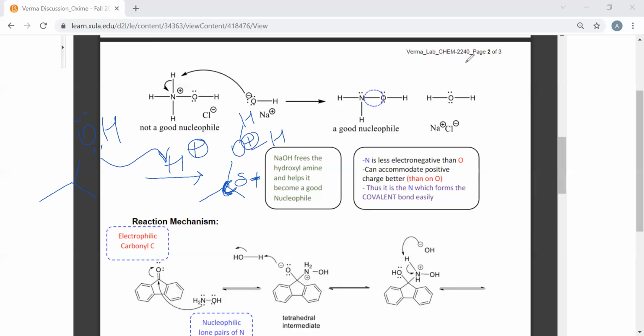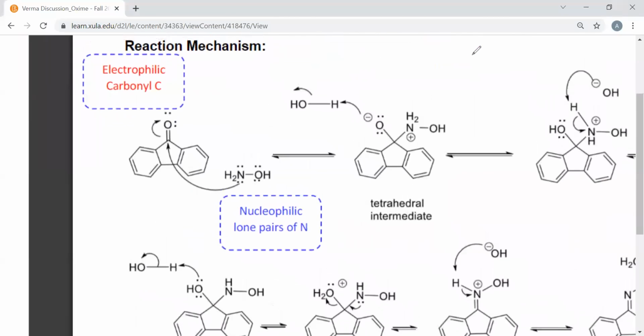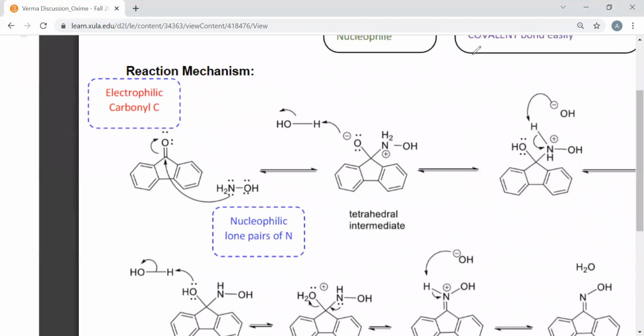However, in this ketone, we do not need to worry about such arrangement.